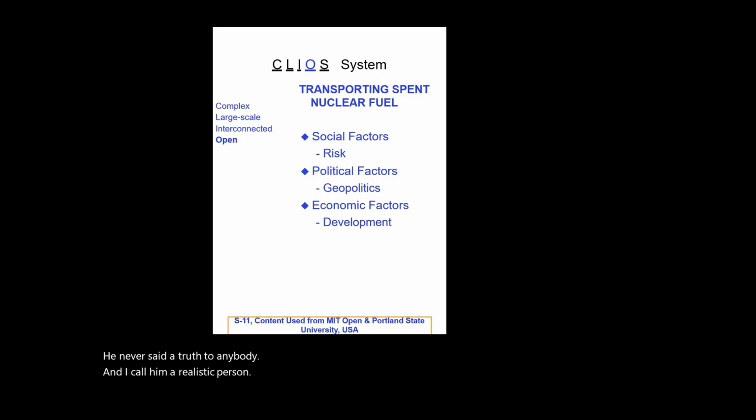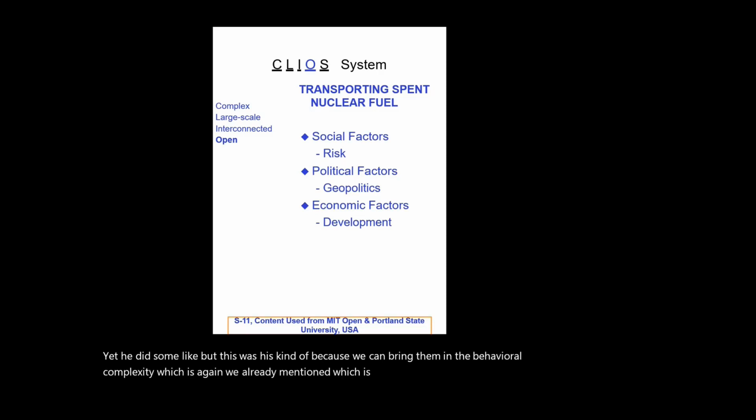Yet he did some things, but this was his behavioral complexity, which we already mentioned, which is the heart of different people: how they will behave when you tense their surroundings, their situation. But if you see him as a decision maker, a stakeholder of US democracy, he never started any war. So this was his political factor: he was a person of vision who was against the war.